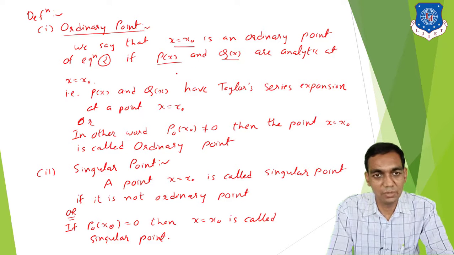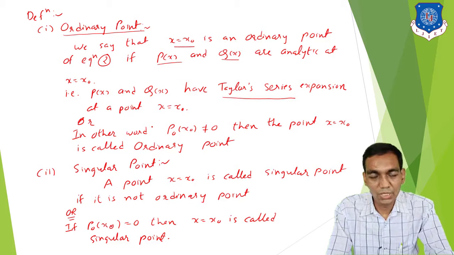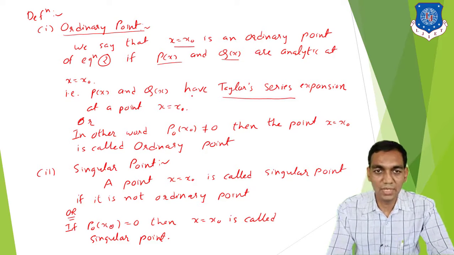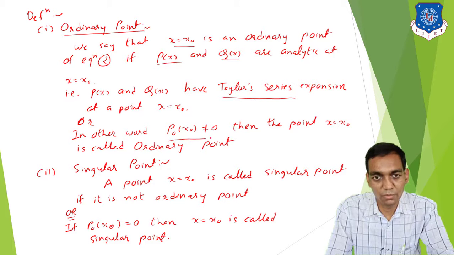Now, analytic means that you have the Taylor series expansion of both functions at a point x equal to x0. But this process is very lengthy. So in other words, we use a simple notation: p(x0), that means x equal to x0.